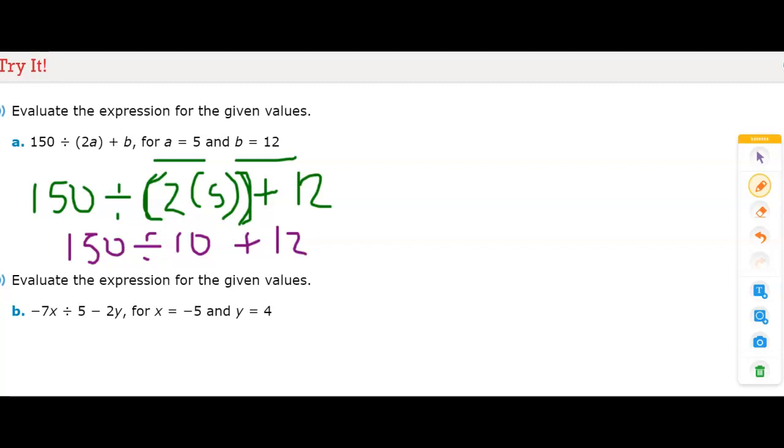And then, I'm going to write it over here, 15 plus 12, and 15 plus 12 is equal to 27. So our final answer would be 27.